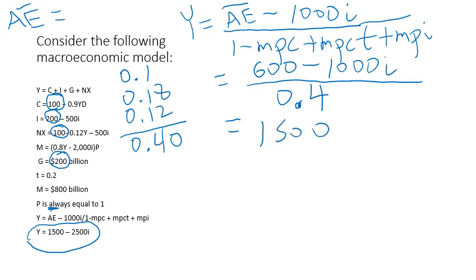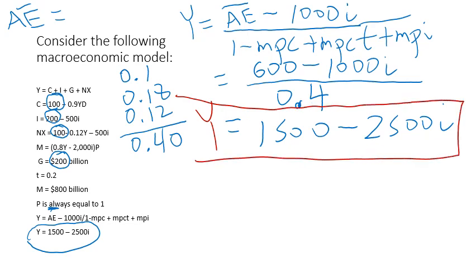So now we divide 600 by 0.4 and we get 1,500. And then we divide negative 1,000i by 0.4 and we get negative 2,500i. So this is the answer. All right, that's the solution.